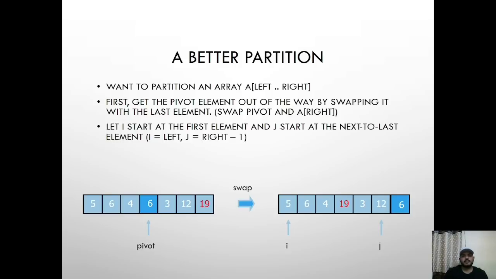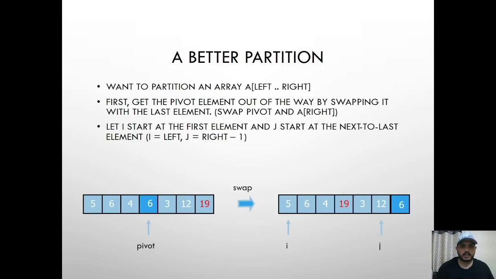Better partition: we want to partition an array A from left to right. First, get the pivot element out of the way by swapping it with the last element, and let i start at the first element and j start at the next to last element.